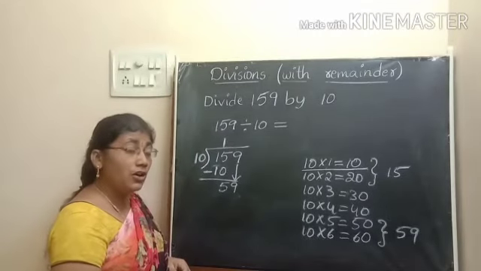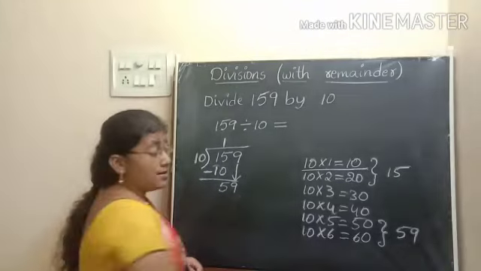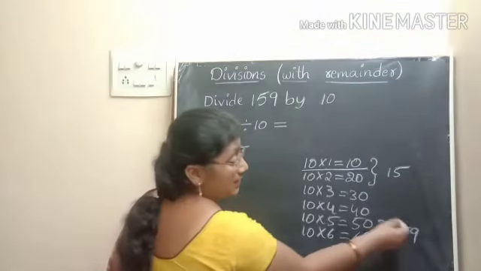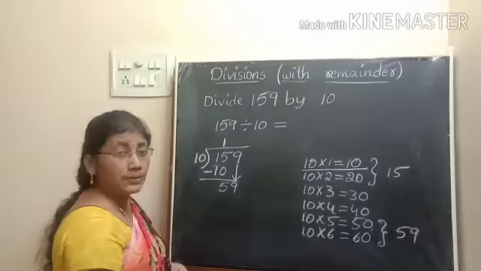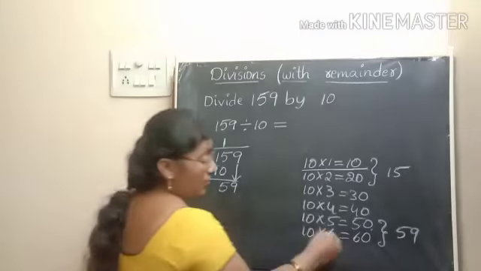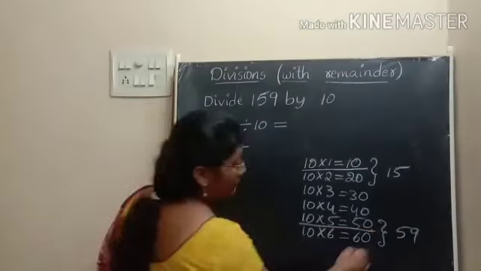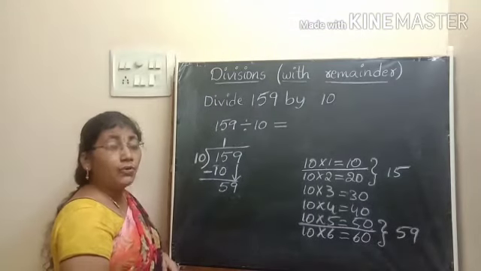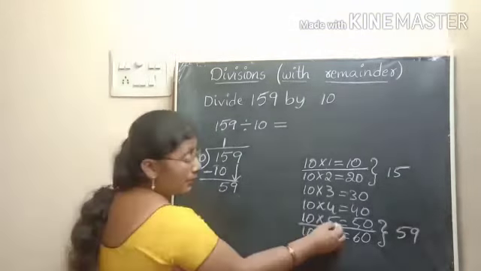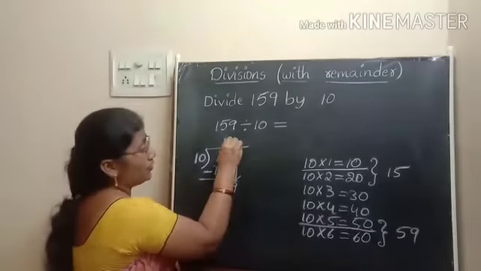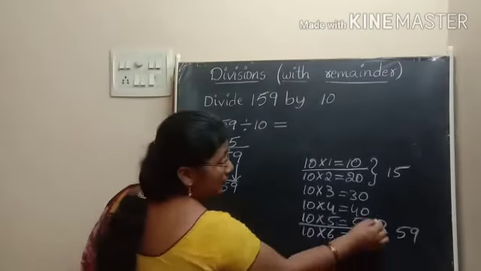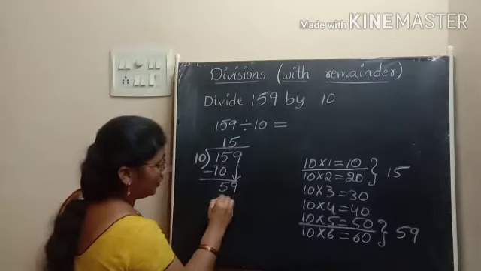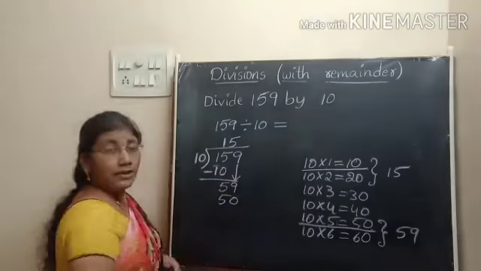But we should always take the number which is less than our required number. So we should take the fifth step. Now we should write the step number 5 as coefficient and the product below the required number.